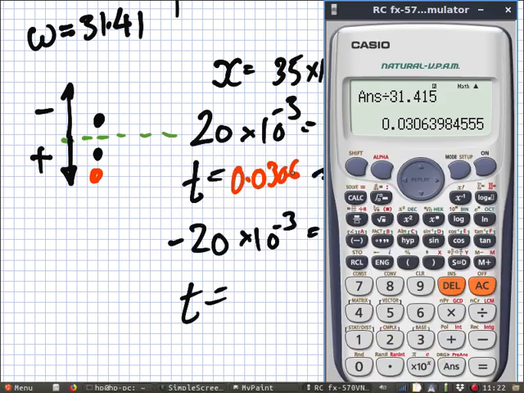Now let me get the second one. It'll be minus 20 divided by 35, right? Shift cos inverse, and then divided by the omega.